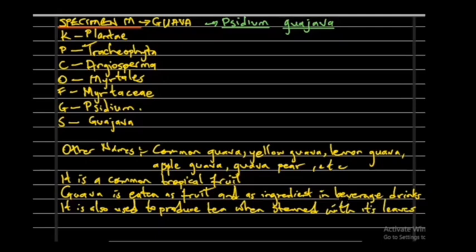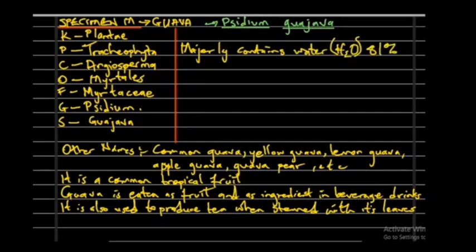It is mainly rich in water, and it has about 81%, with carbohydrates and protein taking about 14% and 3% respectively. Let me put that here. I said the guava fruit majorly contains water, H2O, and that is about 81%.